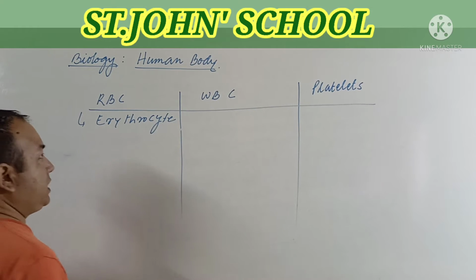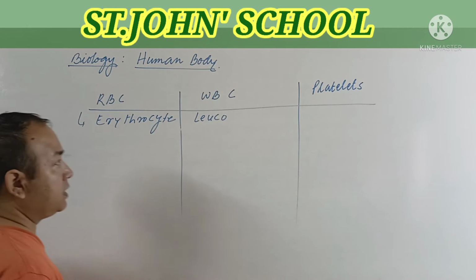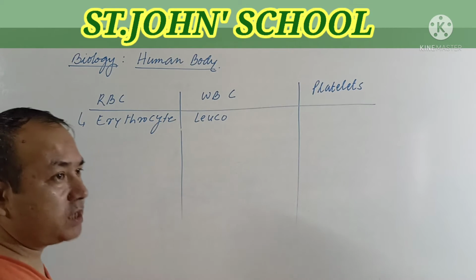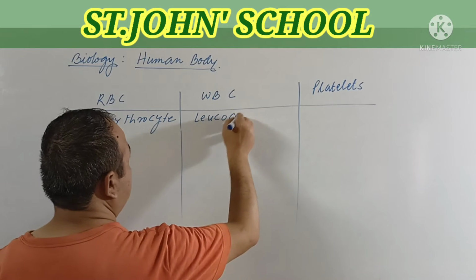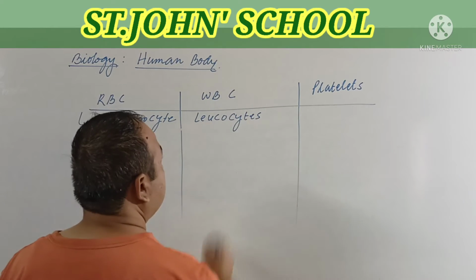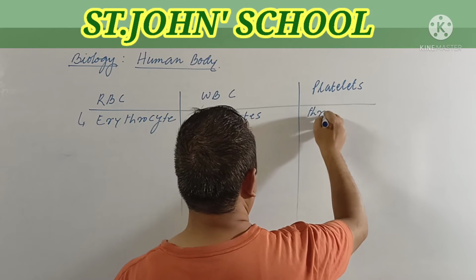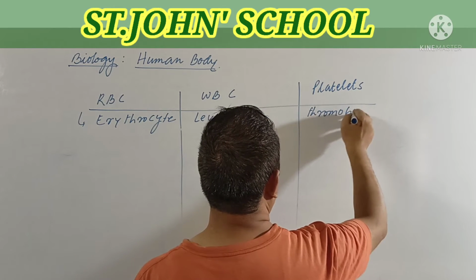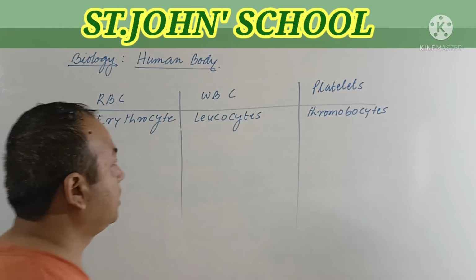And WBC, as it is colorless, is also called leukocyte. Leuco means colorless, and cyte comes from the word cytone, which means cell. And then platelets are also called thrombocytes. All these spellings you need to practice, students.